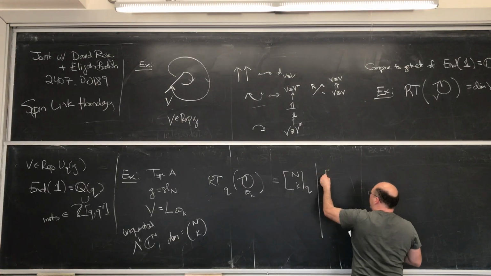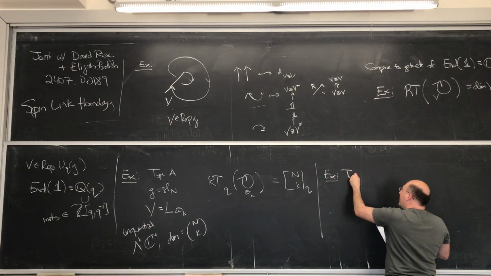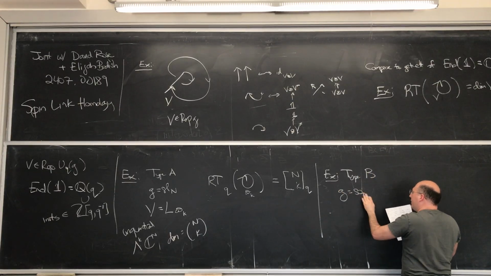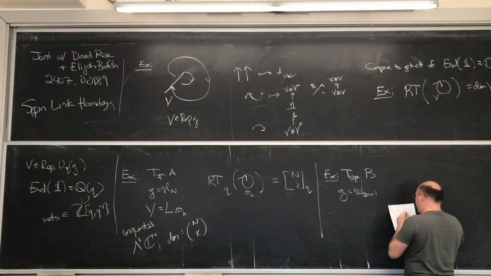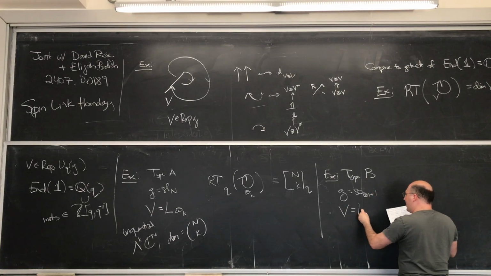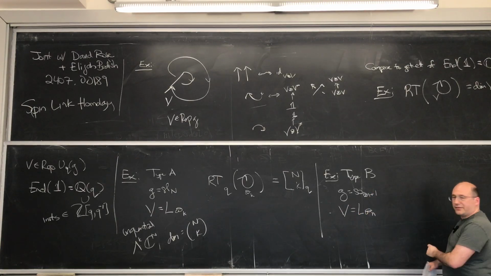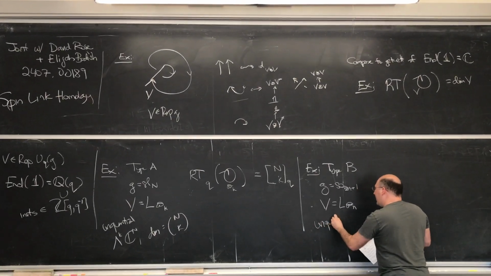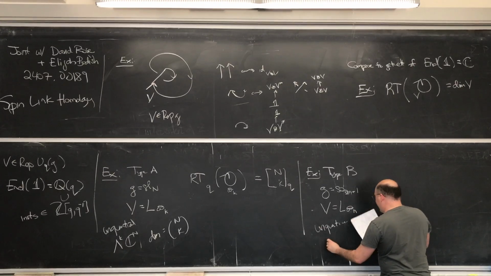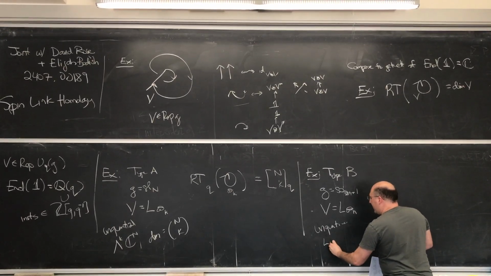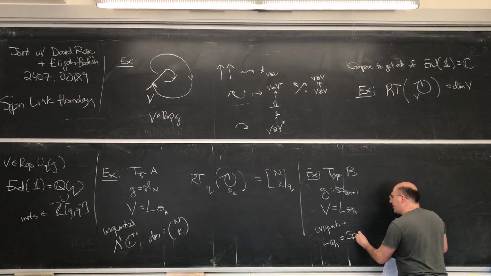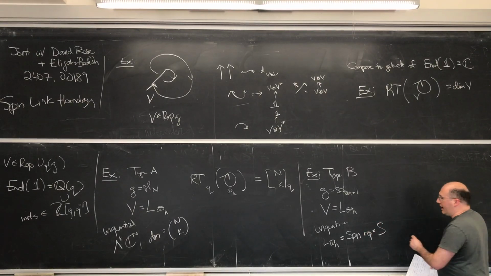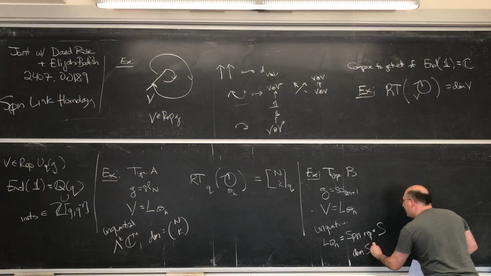Meanwhile, say in type B, let G be SO_{2n+1}, and let V be the last fundamental representation. Unquantized, this would be the spin representation, also known as S. The dimension of the spin representation is 2 to the n.